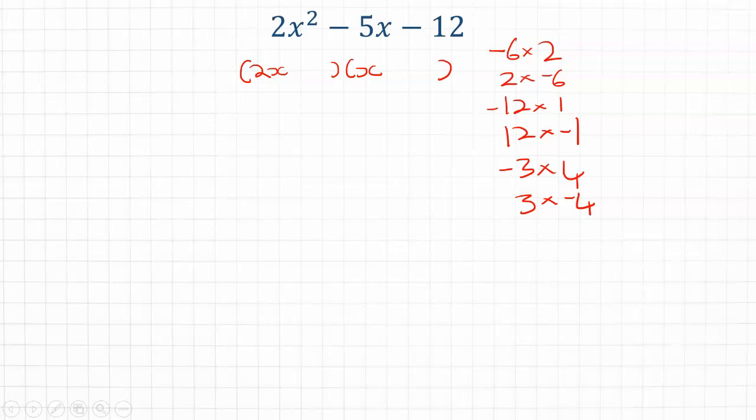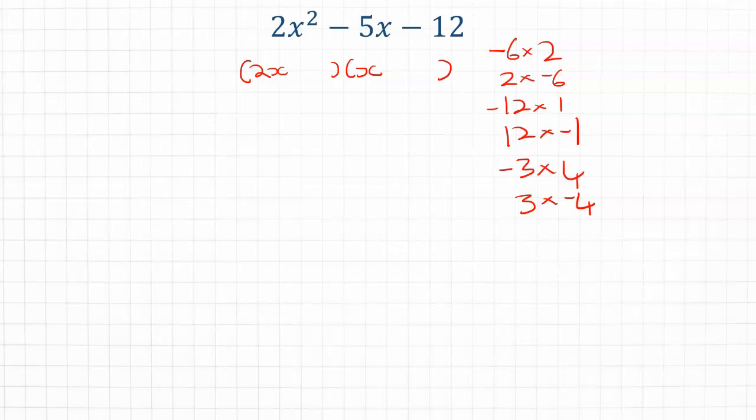The numbers add to a negative number, i.e. minus 5. Therefore, we should first try a combination where the negative sign is on the number of bigger magnitude, i.e. minus 12 and 1, or minus 6 and 2, or minus 4 and 3.